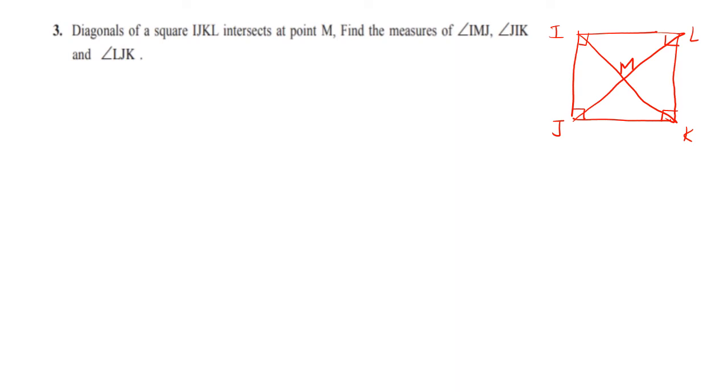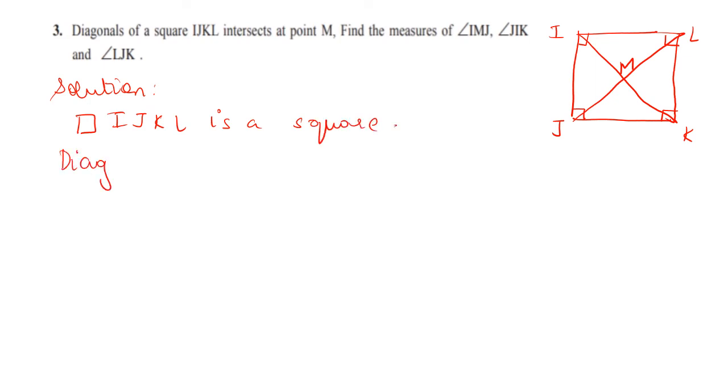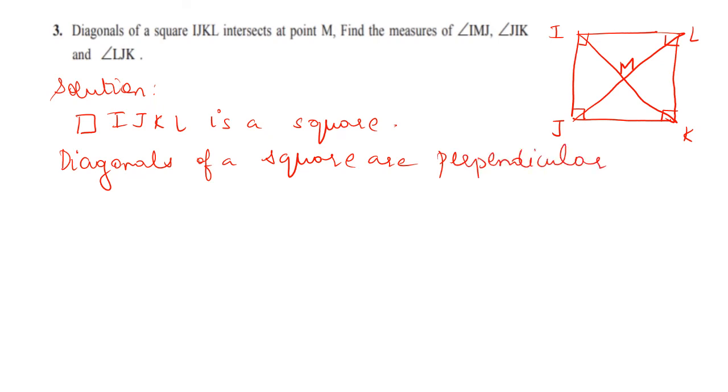So let's solve. The solution goes as follows. IJKL is a square. So that means diagonals of a square are perpendicular to each other.